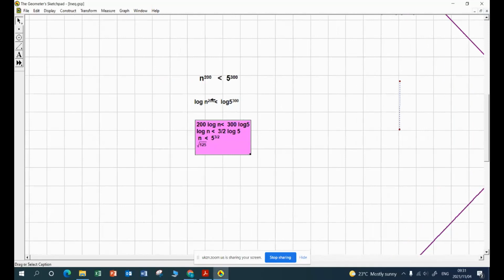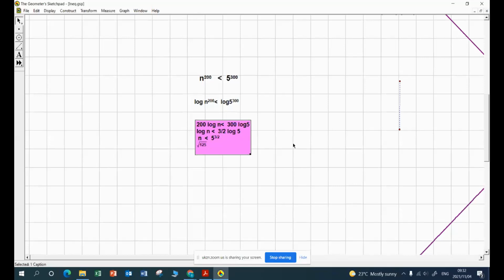You notice the law: log of a to the n is n log a. Dividing both sides by 200, you get log n is less than 3 over 2 log 5. Once again, n log a is log of a to the n, so n is less than 5 to the power 3 over 2.